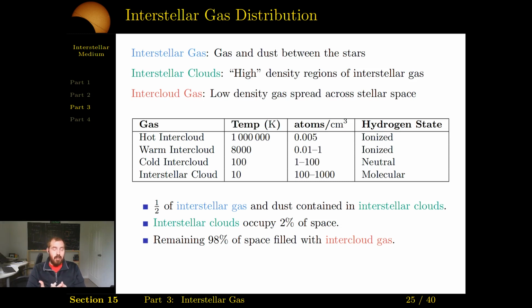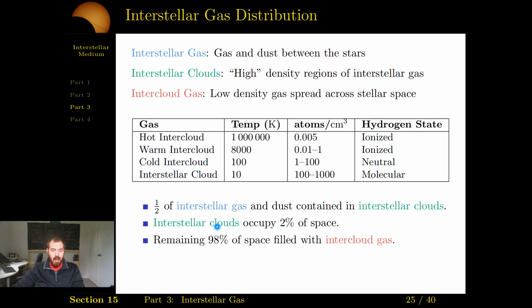What we'll find is that these clouds are thousands of times bigger than any stars, and they'll be houses for stars to start forming inside them. So, let's come down here. About half of all the interstellar gas is trapped in the clouds. And that's what I mean about these clouds being star birthing regions.